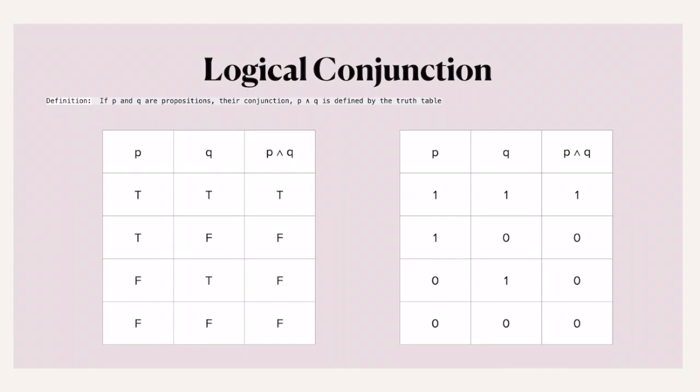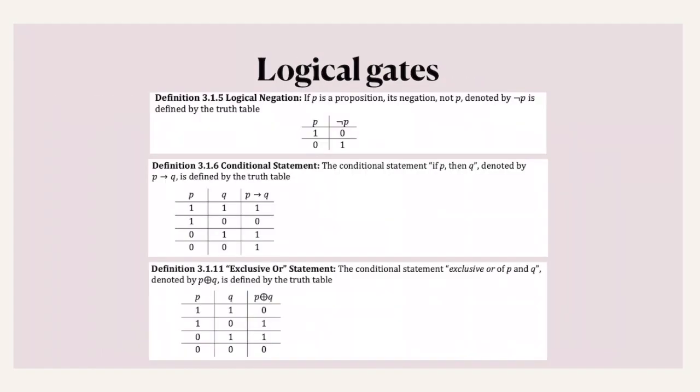And now let's get into talking about other logical gates. So we have logical negation. Negation means not. So whatever P is, now it's the opposite.